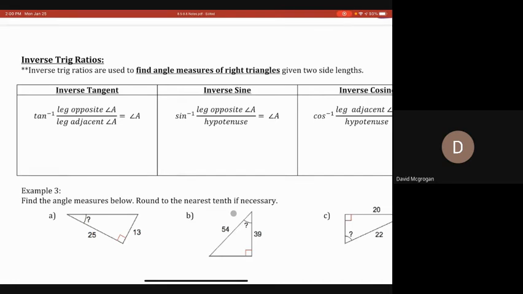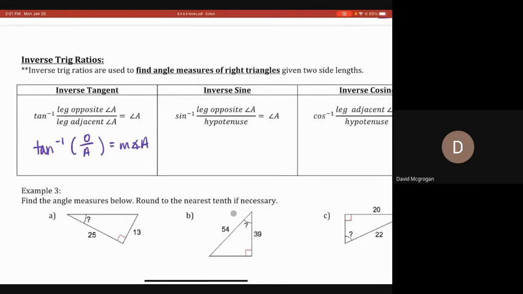Before, we knew our angle, so we plugged it in. This time we don't know our angle, so we plug in our side lengths. So inverse tangent of the opposite over the adjacent equals your angle measurement. We plug in our sides to find our angle.